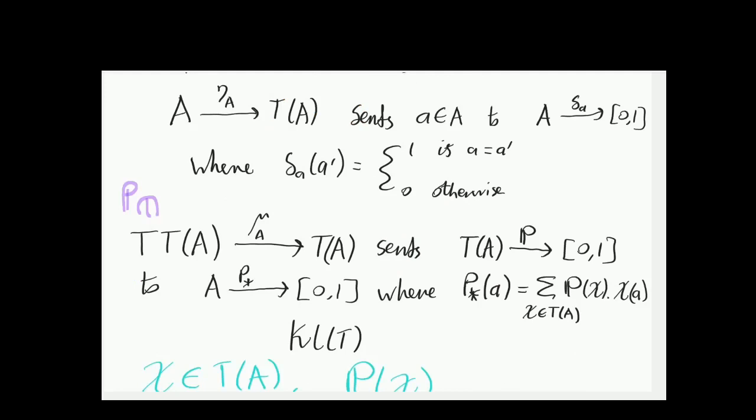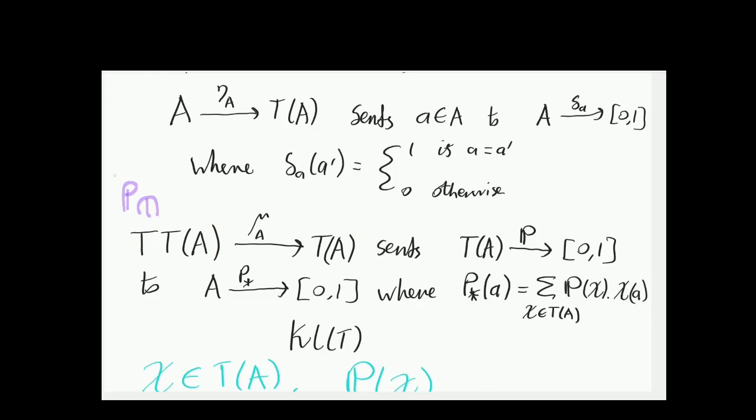So the way this mu works, if I keep saying finitely supported all the time, it's going to get confusing. So just take it for granted that all the probability distributions I'm going to discuss are finitely supported. And so mu here is going to send a probability distribution over probability distributions to a probability distribution. So how does this work?